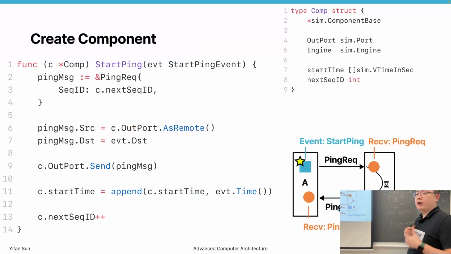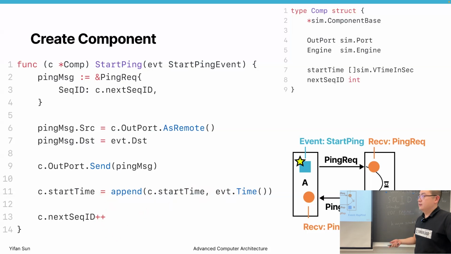It's my own output, right? Then this event has a destination. This destination is where I need to send it to. That's my destination. Now I try to send it out. Assuming it's successful, I record my start time as this time. Then next sequence ID plus plus.